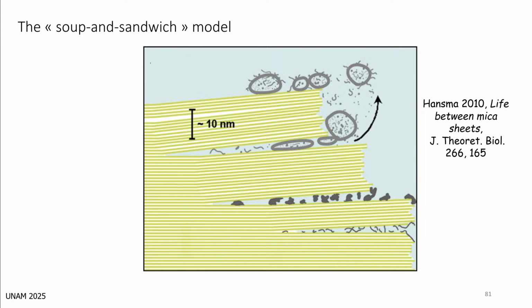And here, it's just a cartoon, a view of what could have happened. In some of these interlayers, you had some chemistry conducive to the formation of nucleic acids. In others, you had some chemistry conducive to the production of proteins. And here, what you see is that these systems are slowly being carried and taken away by a different means of confinement, of compartmentalization.